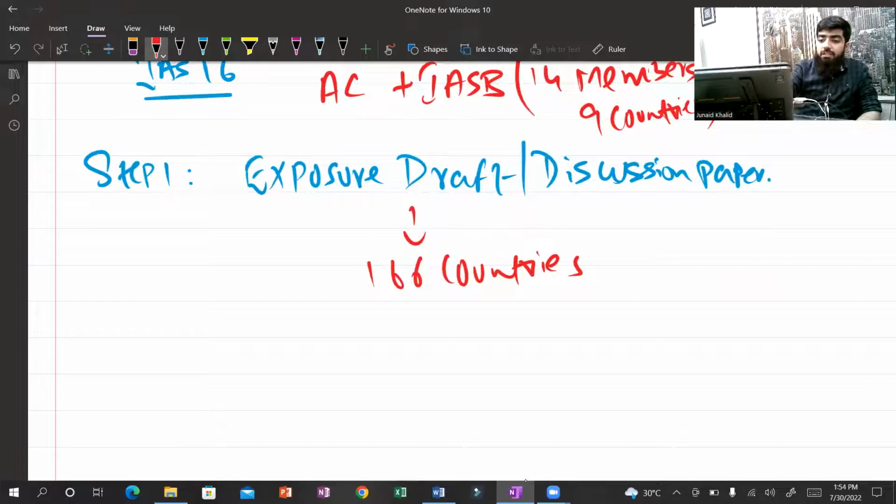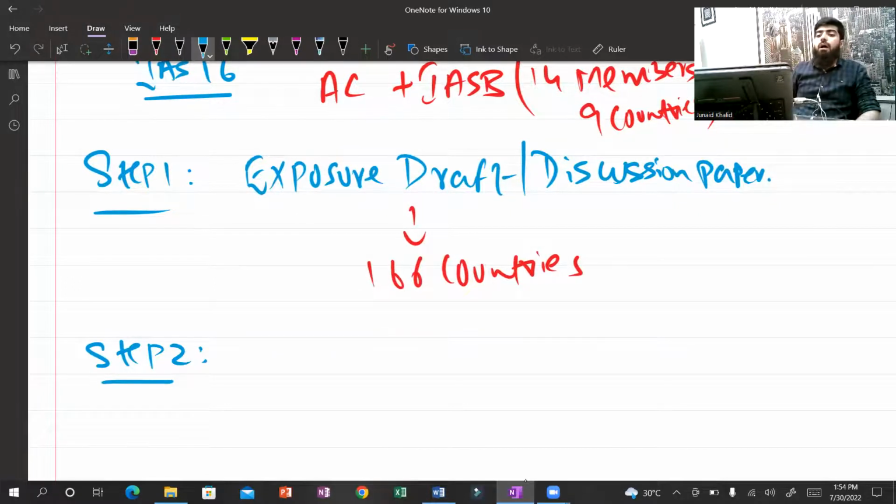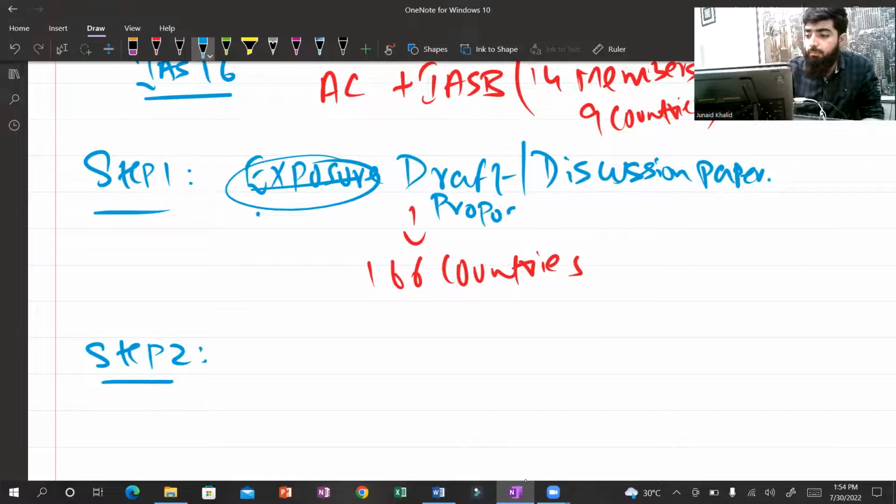Once the recommendations or suggestions are received from the 166 countries, that draft will be upgraded. One thing I just wanted to correct: that is known as a draft proposal.